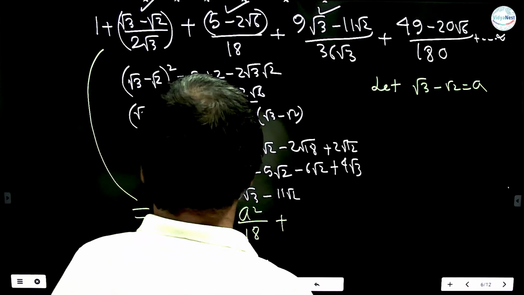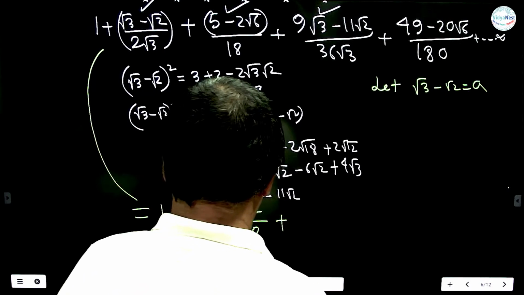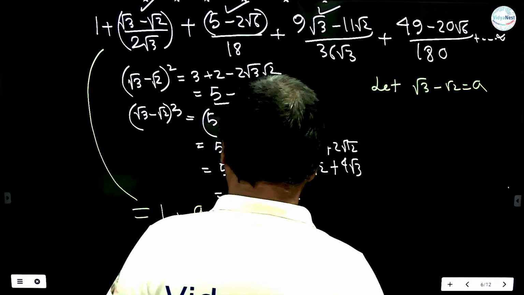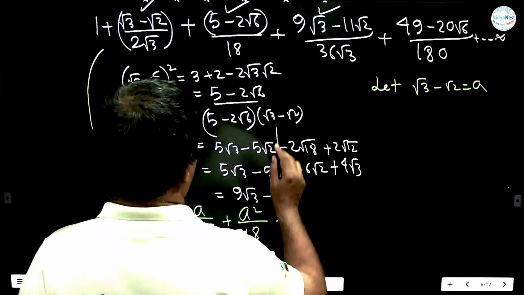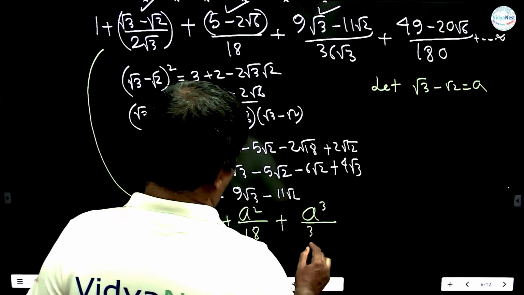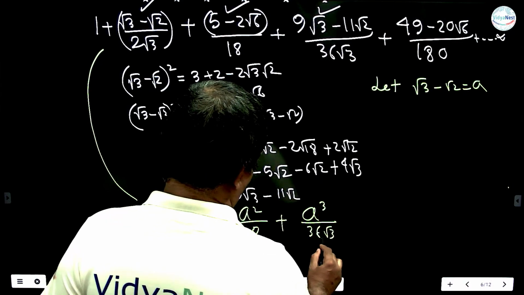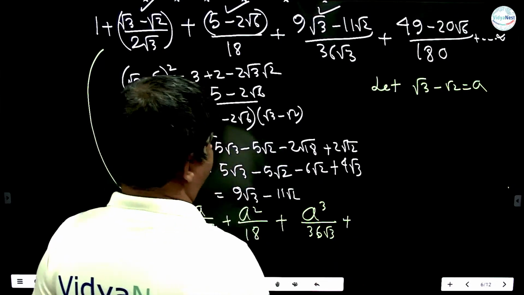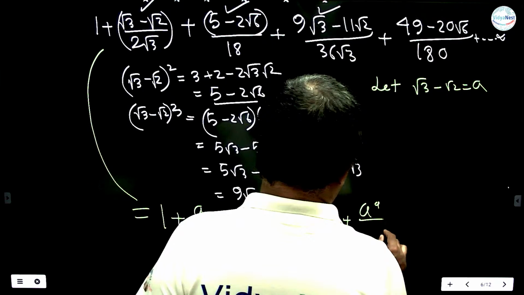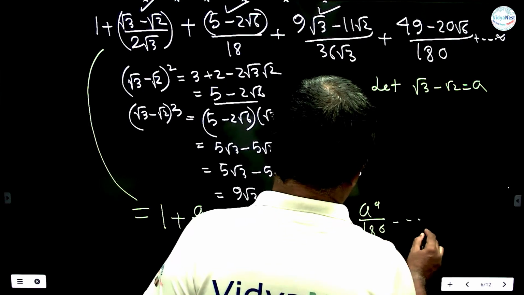plus A cube by 36 root 3, plus A to the power 4 by 180, like that.